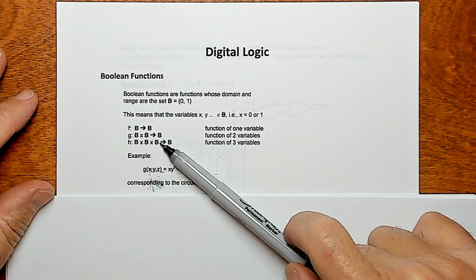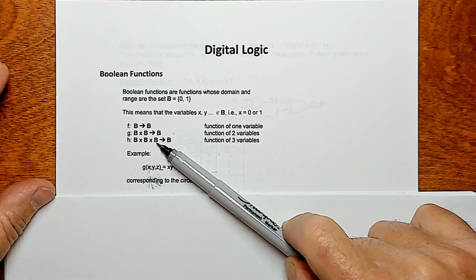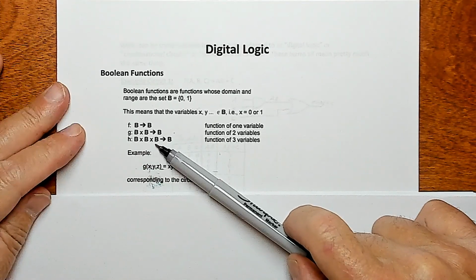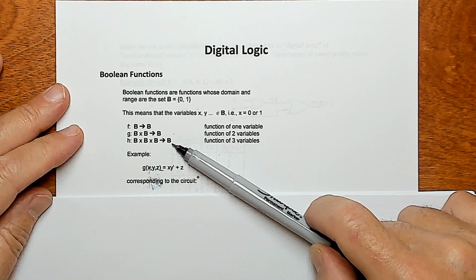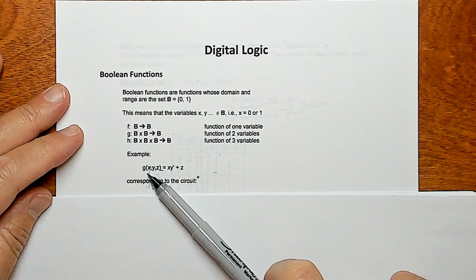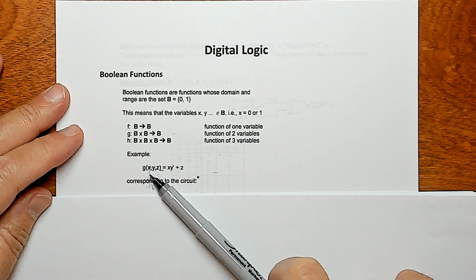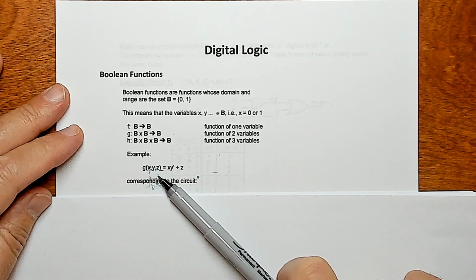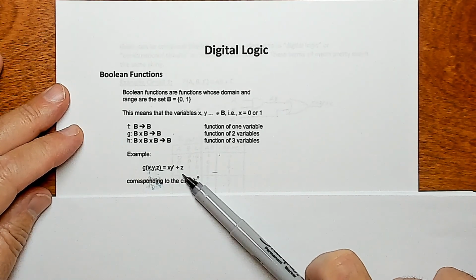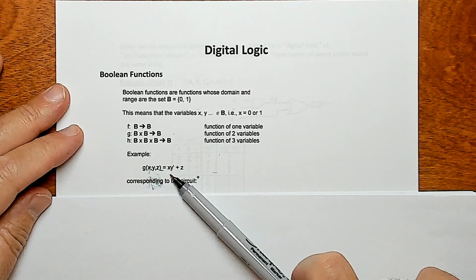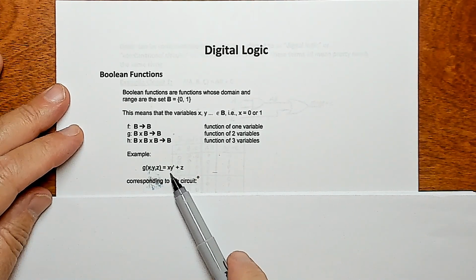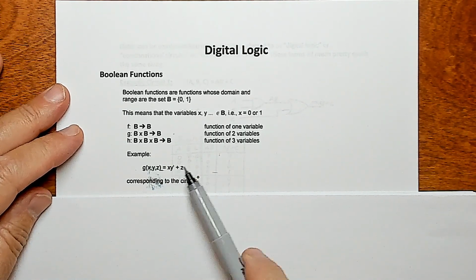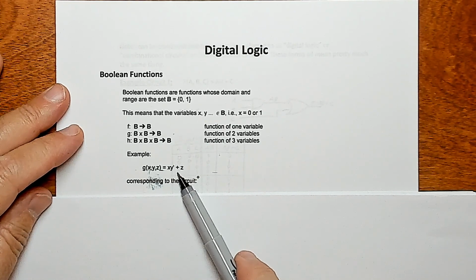It could also be a triplet or more, right? So you can have lots of variables on the input side mapping into one single Boolean value on the other side. So for example, you could have a function g with inputs x, y, and z defined by this Boolean equation here. Now here we're using this tick to mean not, juxtaposition to mean and, and this plus symbol to mean or.